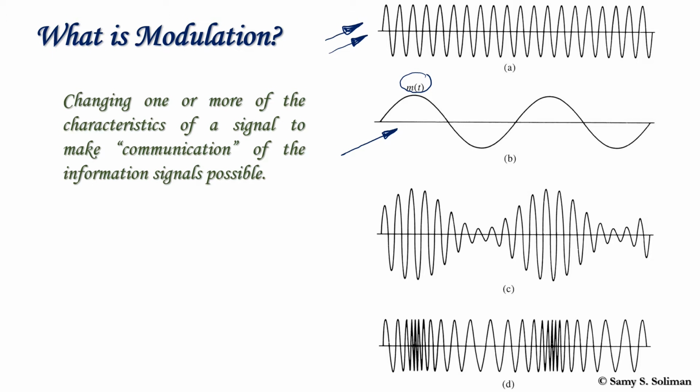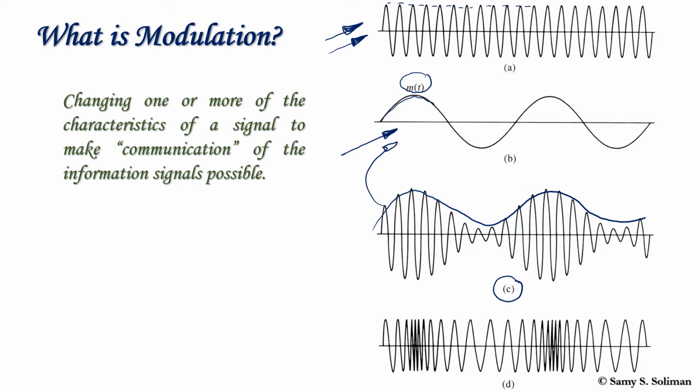So as you can see here in figure C, we changed the amplitude or the envelope of the carrier signal to be proportional to the information message. If we look at the envelope here, the top points of this signal, they are similar to m of t.